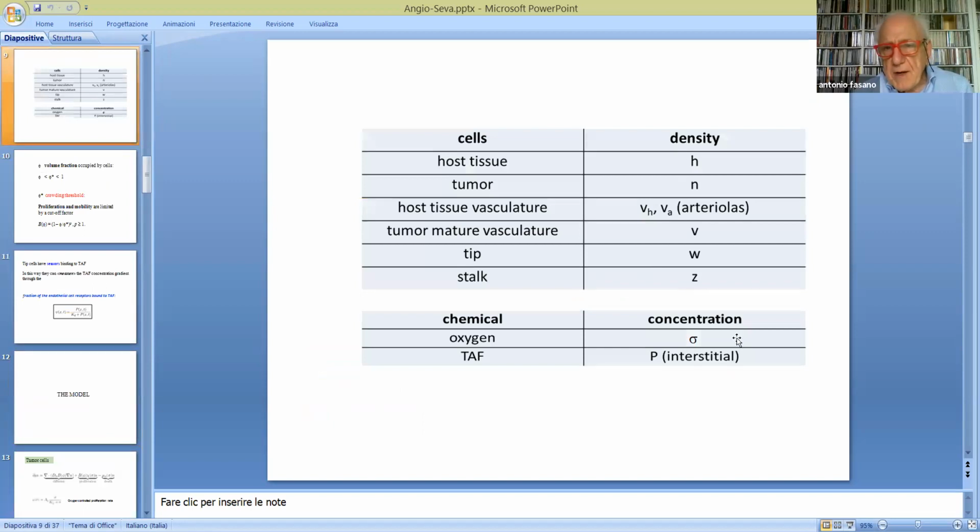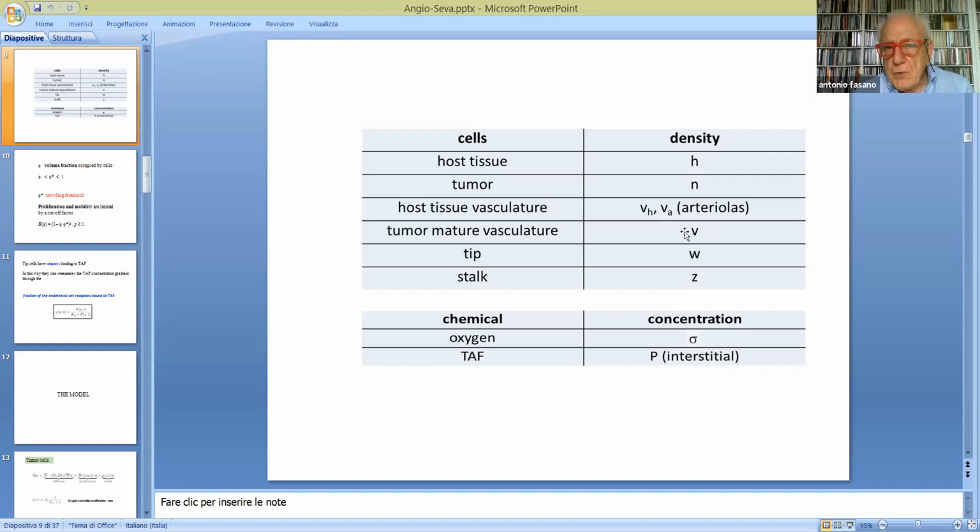Now we have several quantities entering the model. The host tissue cells concentration, the tumor cells concentration. We have some pre-existing vasculature in the host tissue, which can be arterioles and venules.